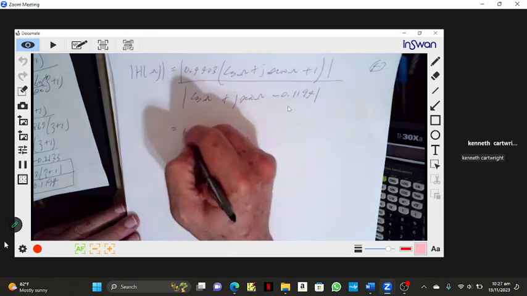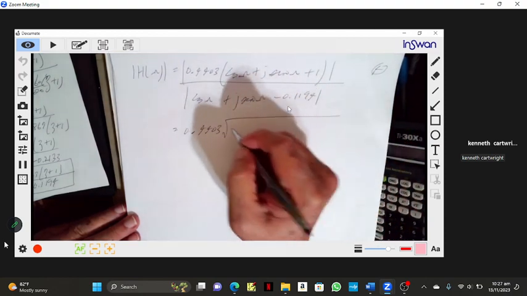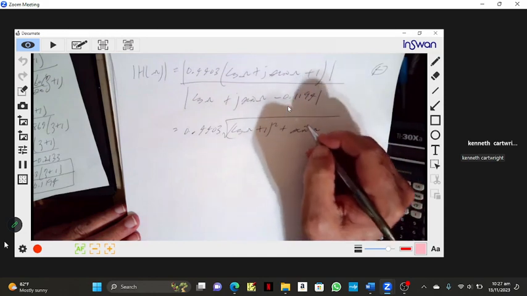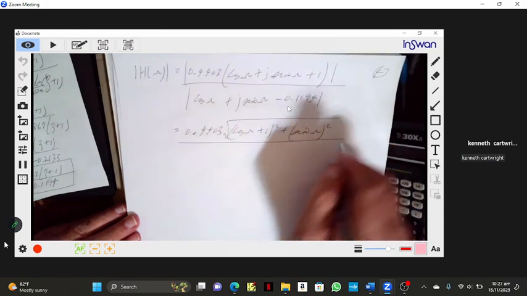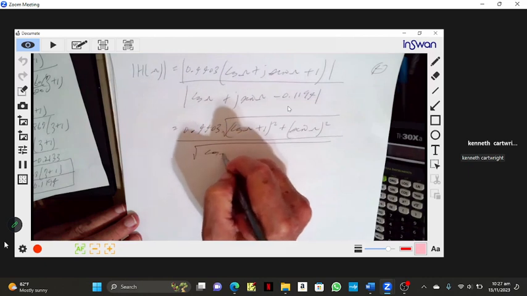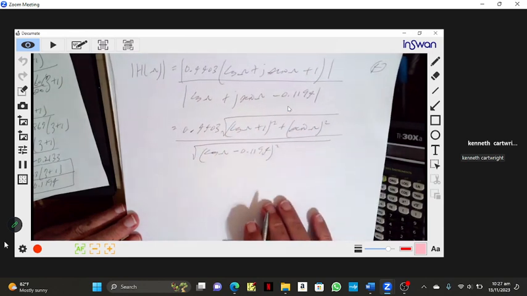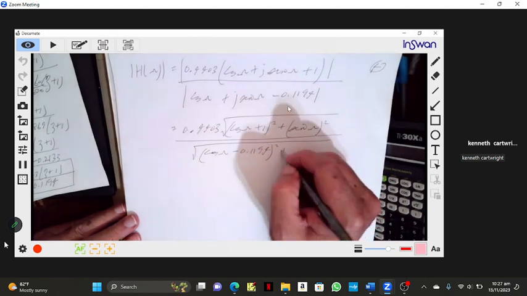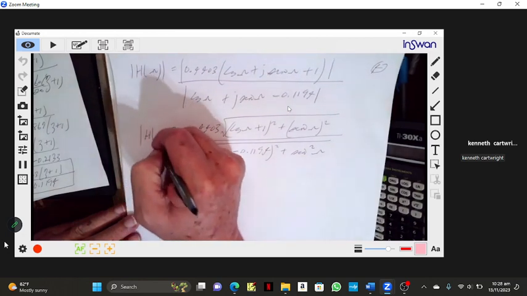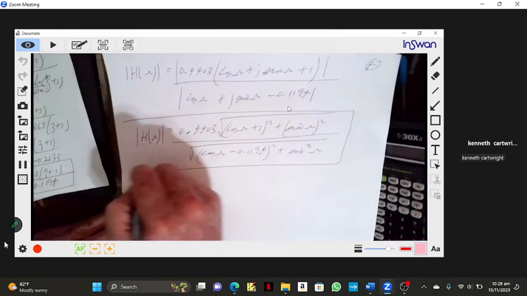So the top becomes 0.4403 times the square root of the sum of the real part, cosine omega plus 1, squared, plus the imaginary part, sine squared omega. The bottom is the square root of cosine omega minus 0.1194, all squared, plus sine squared omega. And this is what we have to plot.